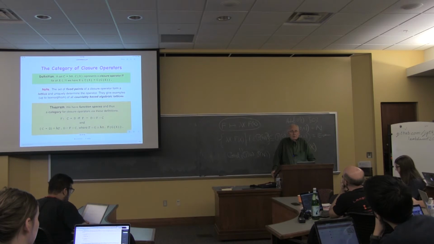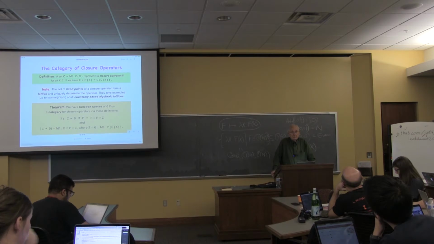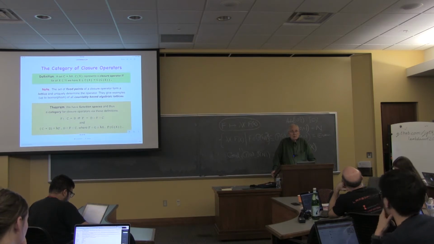In other words, the power set of n has this nice topology that I tried to explain. The subspaces inherit the topology, and if we look at the subspaces corresponding to closure operators, we get a family of spaces that forms a very nice category, and I'll try to explain why people call it a category.